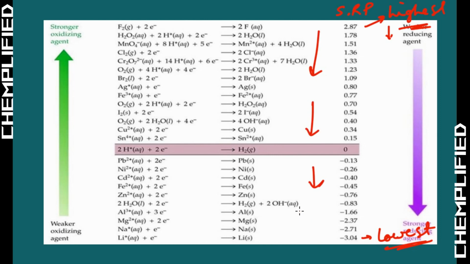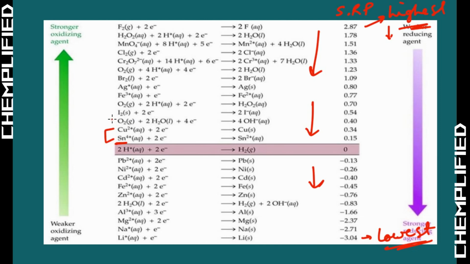I hope you understood. Now remember, the trick to find electrode potential really quickly is that the lower value will always undergo oxidation. Suppose the cell is between copper and tin. Since tin has a lower value than copper, tin will undergo oxidation and copper will undergo reduction.